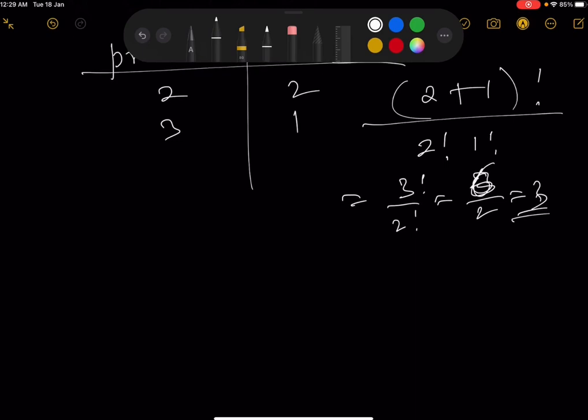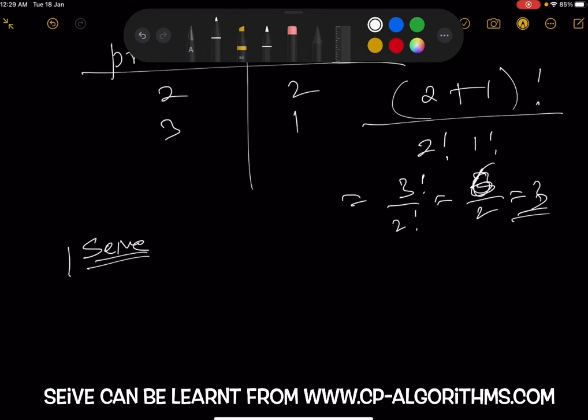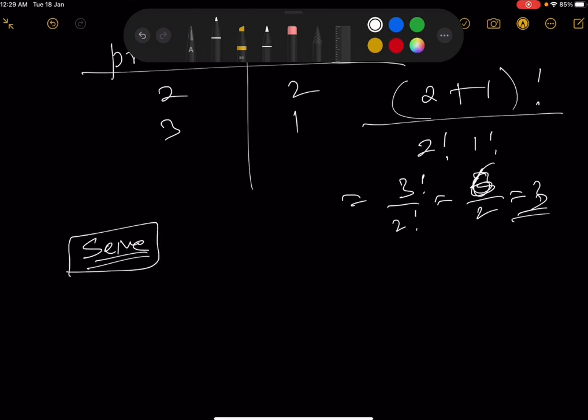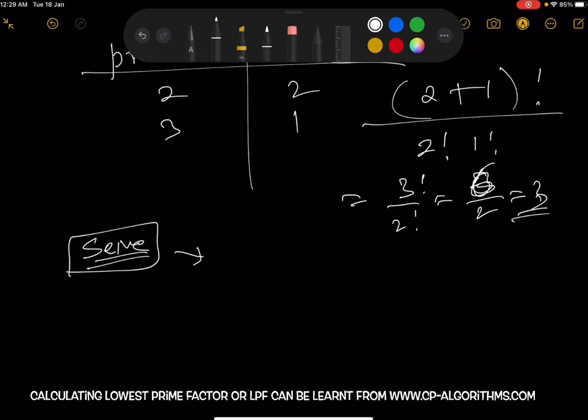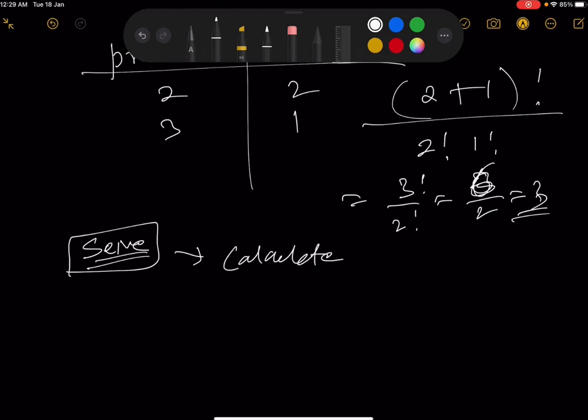Now for calculating the prime factors and their frequencies in a given number, we can use something called a sieve. Sieve is a prerequisite for this problem. By using sieve, you can pre-calculate the lowest prime factor of every number.